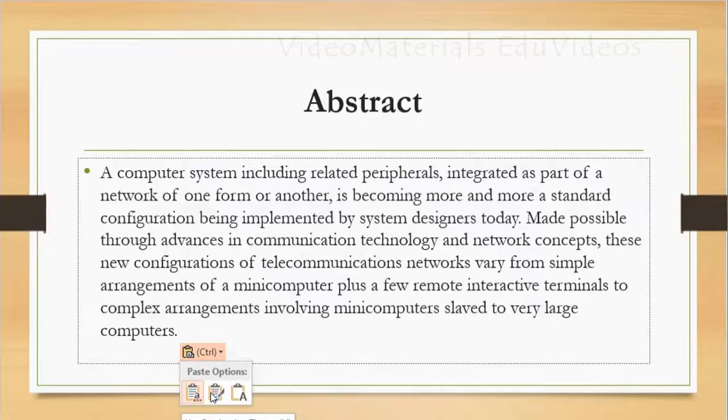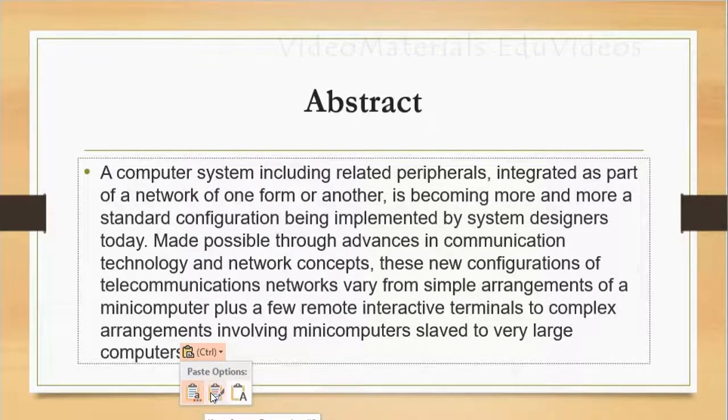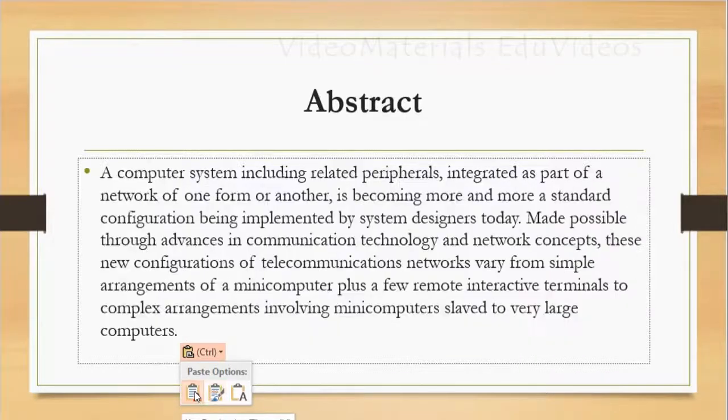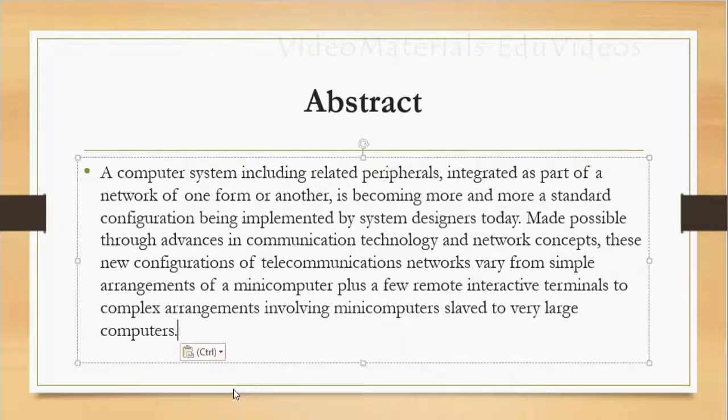If you choose the second option, keep source formatting, it shows the source formatting, that is the slide content text, by default in 24 font size. But if you choose the destination theme, it is different, and if you choose text only, it is different. So I'm going to take text only, because if there are any hyperlinks, they will be removed when I choose text only.